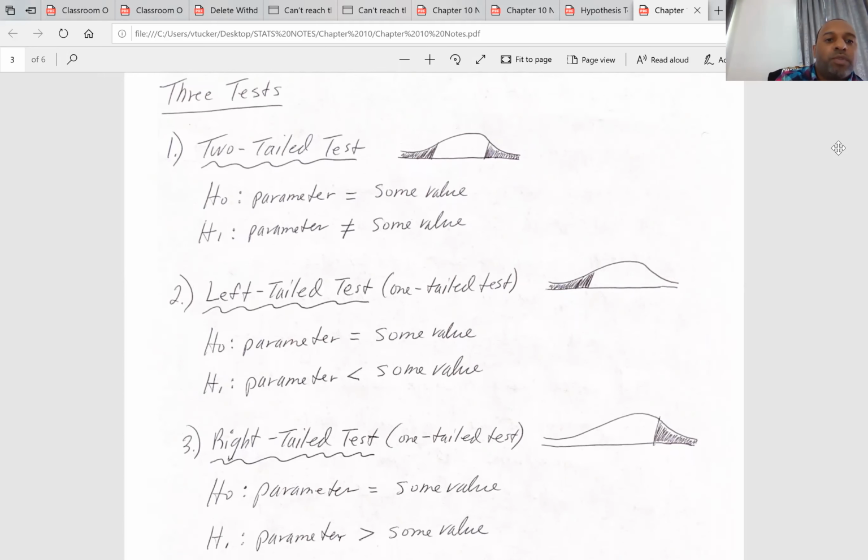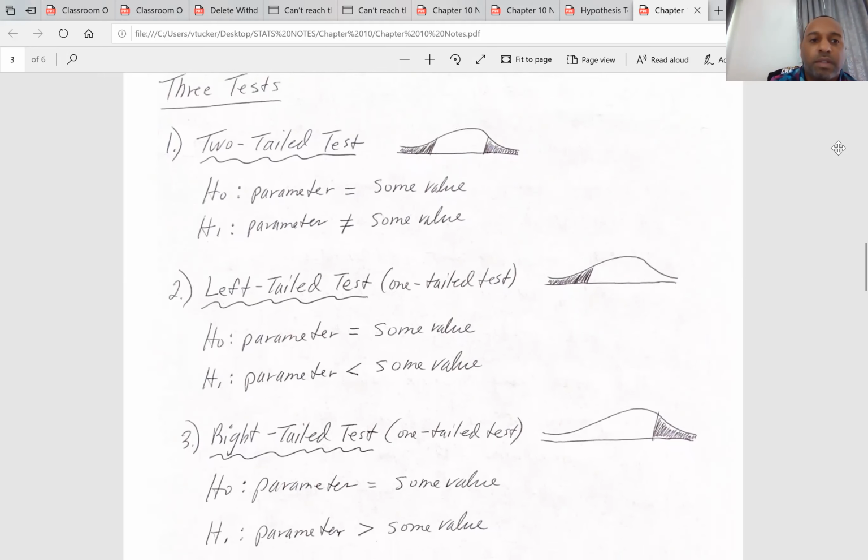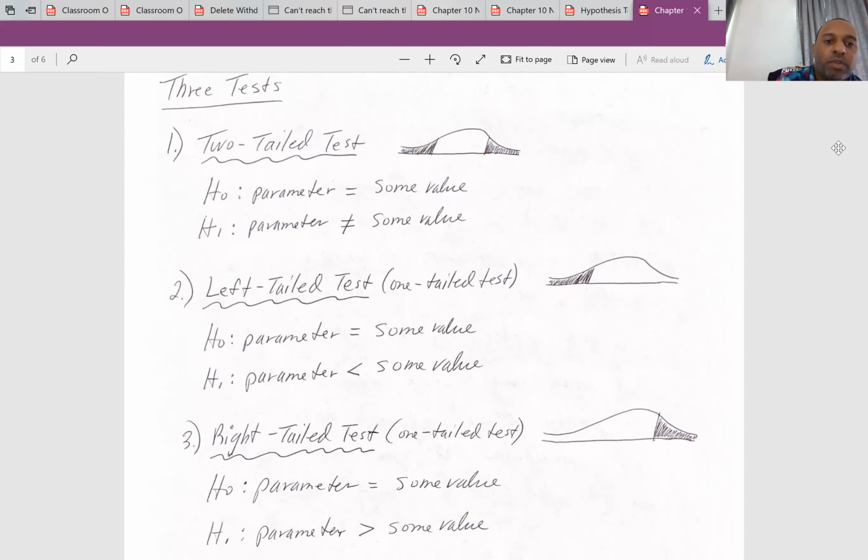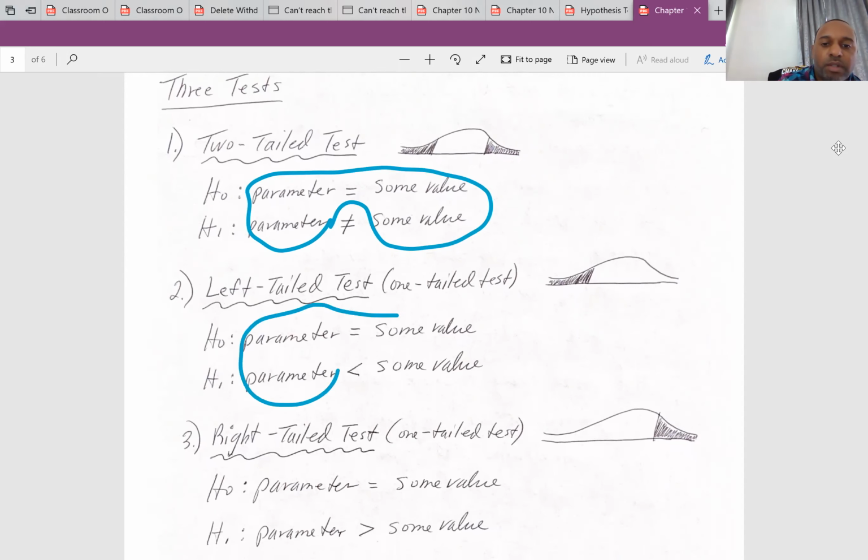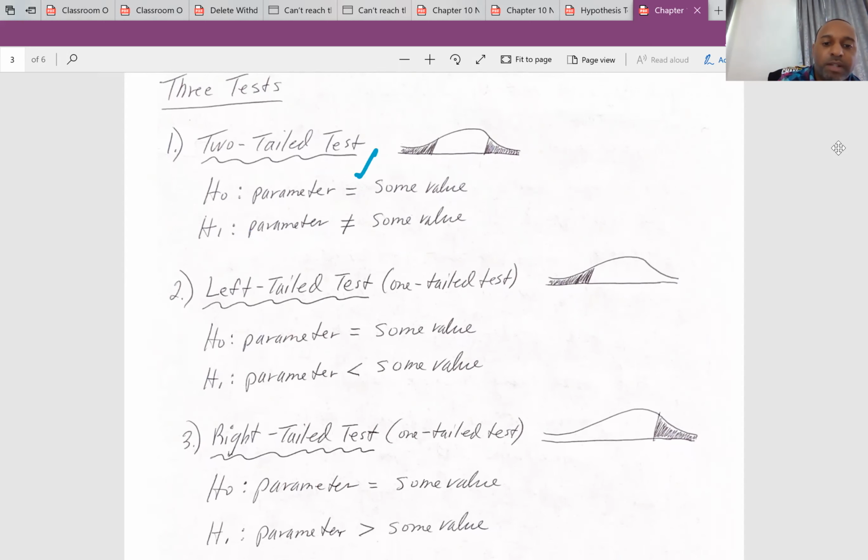And notice you're going to make both of your statements, your null hypothesis, your alternative hypothesis. And if you look at all 3 of your tests, all of that is the same. We have our parameter equal to some value for your null hypothesis. That will always be the same. It's always going to be equal for your null hypothesis, no matter which test you're looking at.